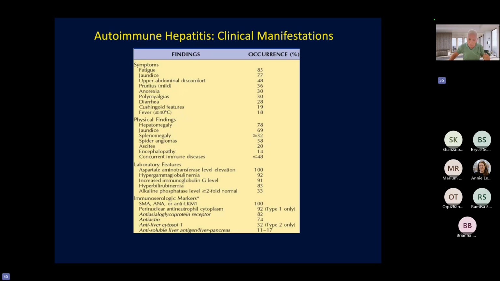Type 1 will have perinuclear p-ANCA, and type 2 will have an anti-liver cytosol antibody. But again, really all you need for the vast majority of patients are the anti-smooth muscle, the ANA, or the anti-LKM, and those are really the only ones, fellows, that you'll be presented with when you see something like this on the boards.